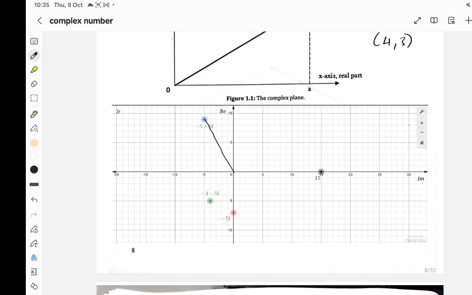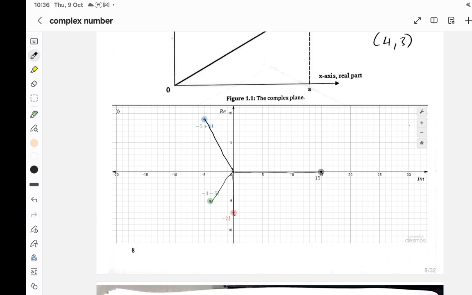Alright, so this is the line for 7i. Sorry, let me do it again. And the line for negative 4 minus 5i.